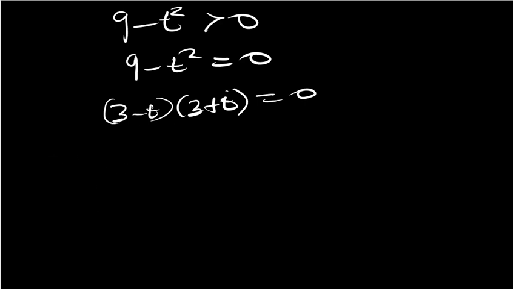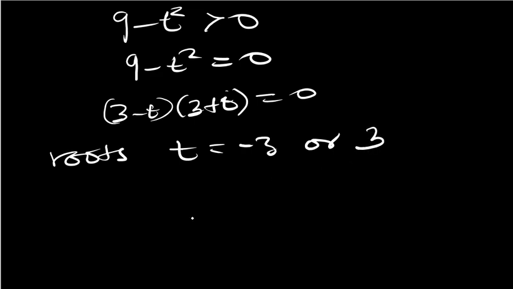This implies the roots are t is equal to negative 3 or positive 3. We'll now use the number line to find out the range of numbers that will satisfy the quadratic inequality 9 minus t squared greater than 0.